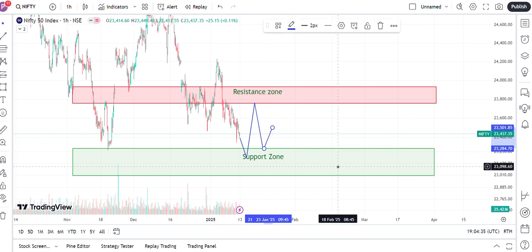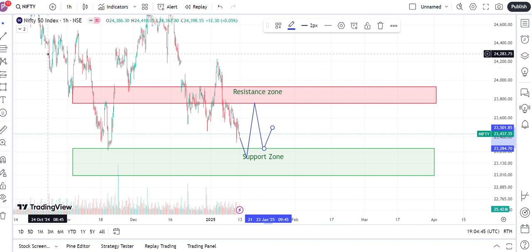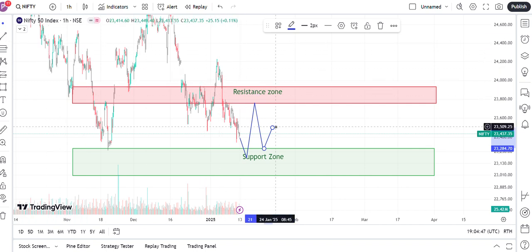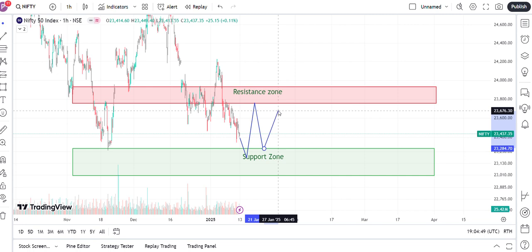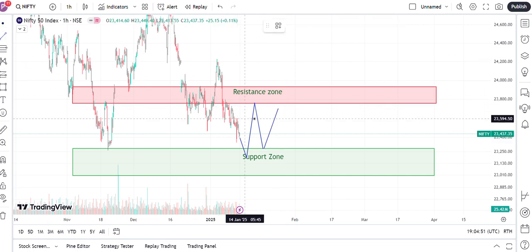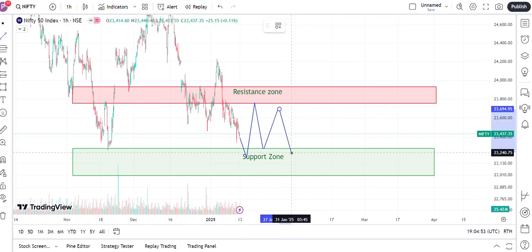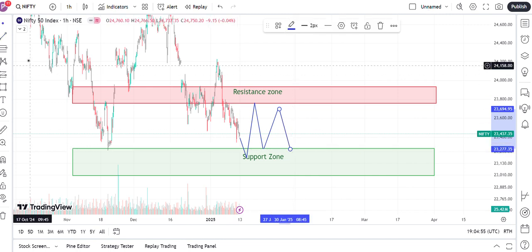We will not just go straight up. First a bottom will form and then try to go to the resistance. Then there will be a fall and only then we will move up. So basically what we are expecting is a consolidation zone between these two, which is the main objective for this week.